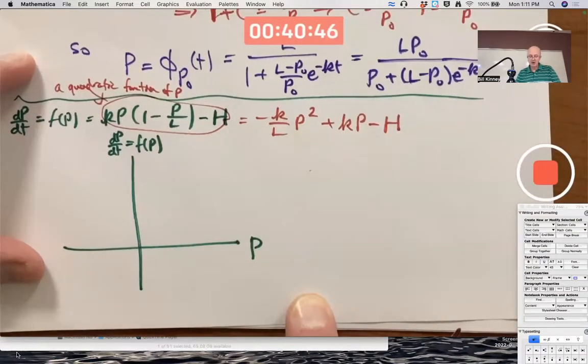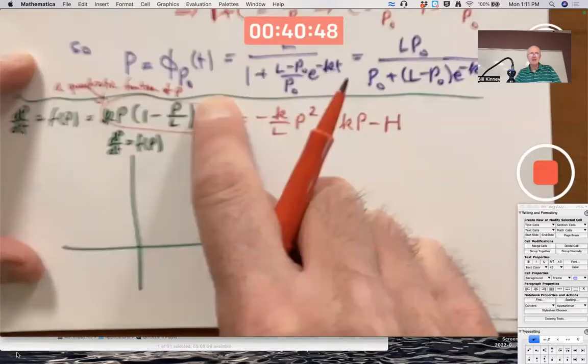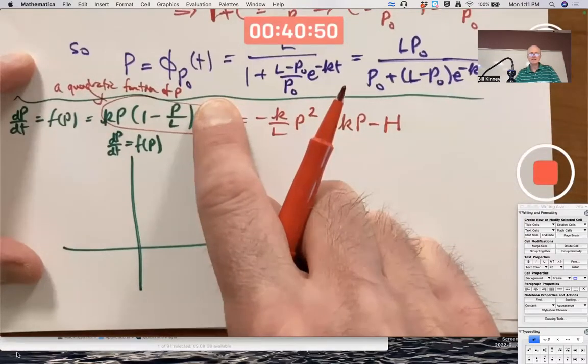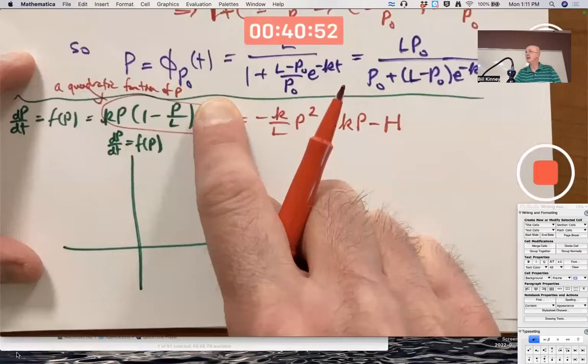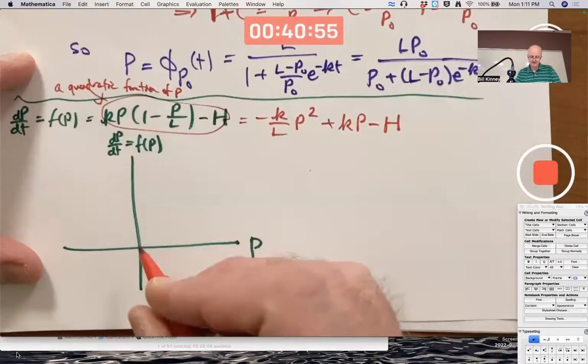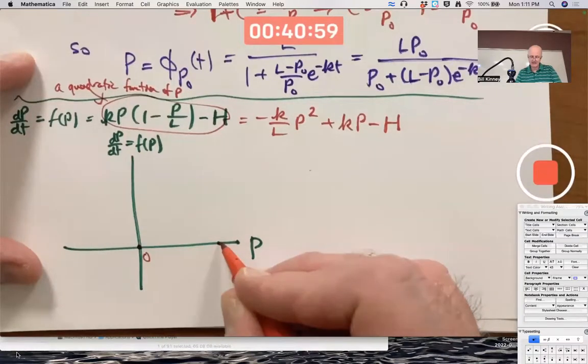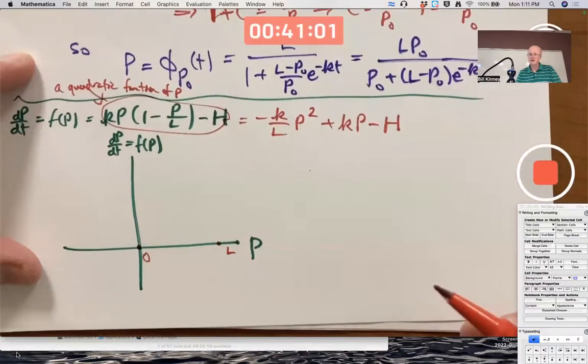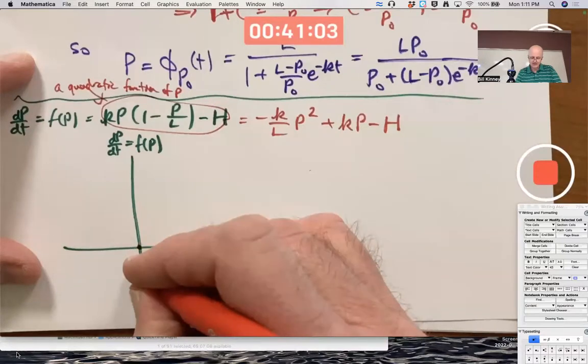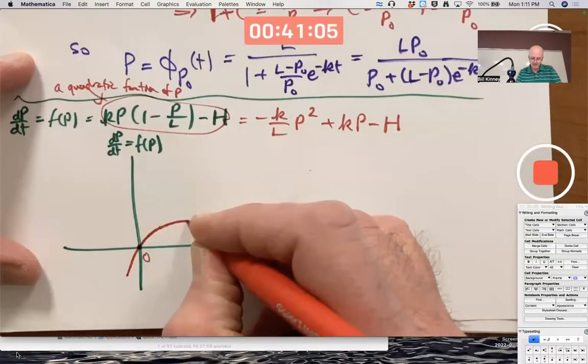If h is 0, you can even say when it's 0. It's 0 when p is 0 or when p is L. Say right there at 0 and right there at, let's pretend that's L. This is what the graph looks like when h is 0.